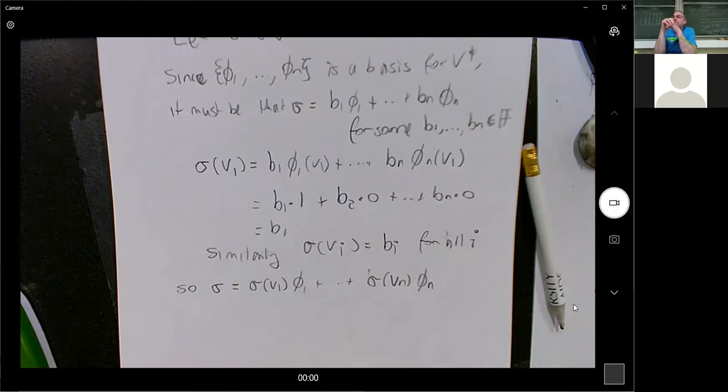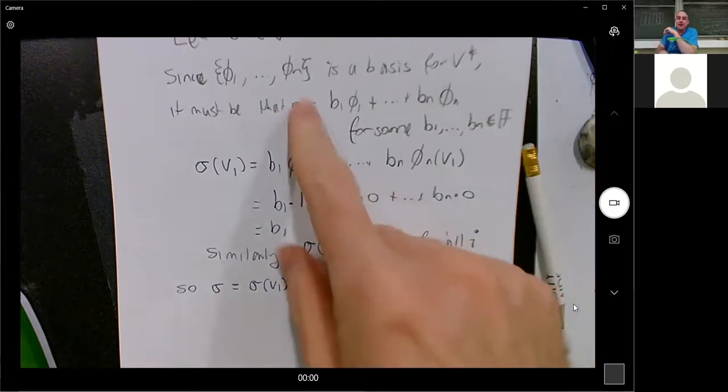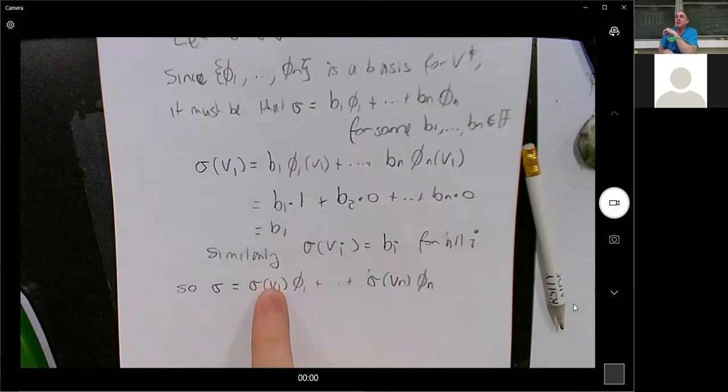But from a proving point of view, where you're not thinking clearly enough to think, I should probably figure out what it does to the basis, though that's a useful thing to add to our list of tools for linear algebra, I can at least go, I need to get a sigma of V1 in my final answer, so let's figure out what it is. At least you know where you're headed.